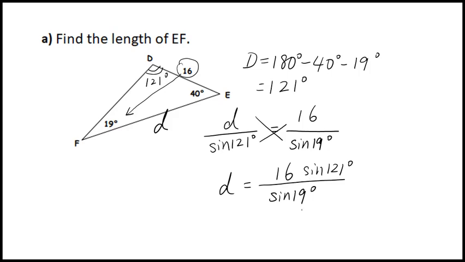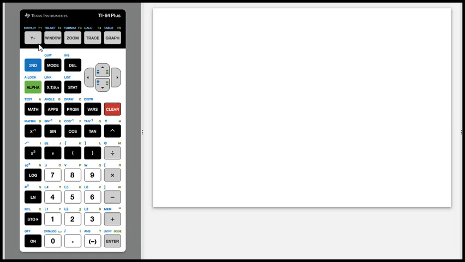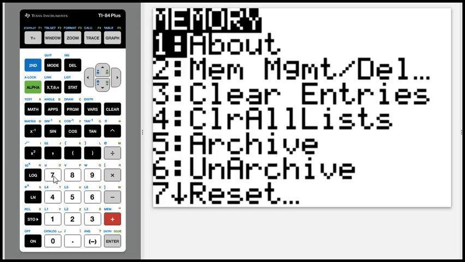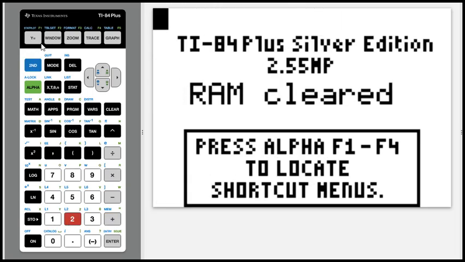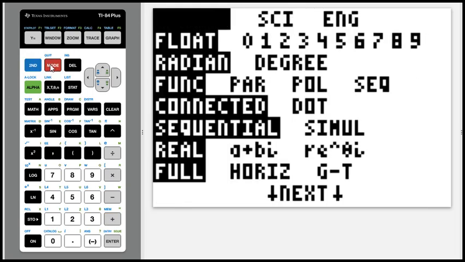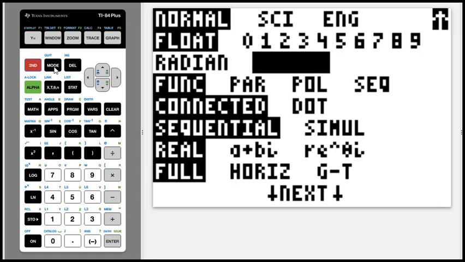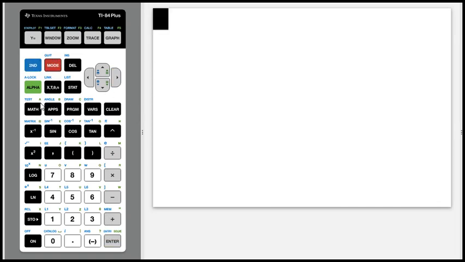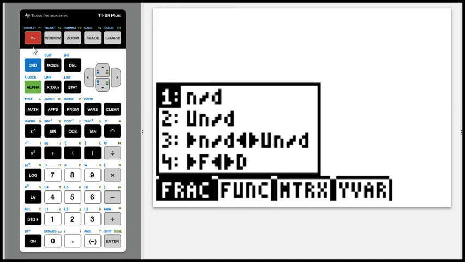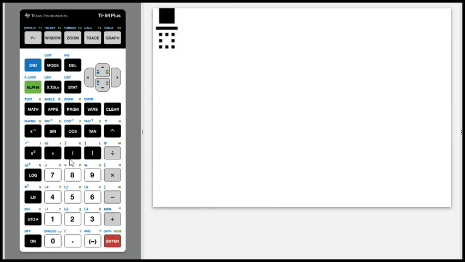We will go to the graphing calculator to figure this out. First of all, we will clear the memory: second plus 712. And go to mode. Make sure it is changed into degree. Then quit. So use alpha y equals, enter.